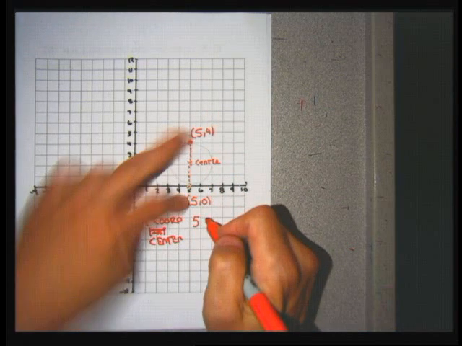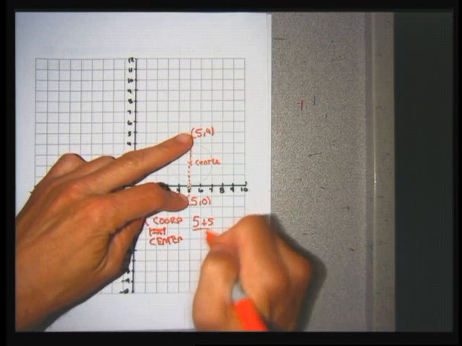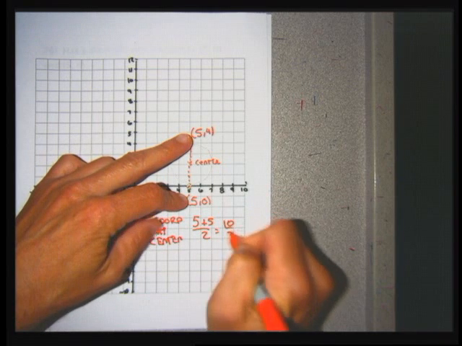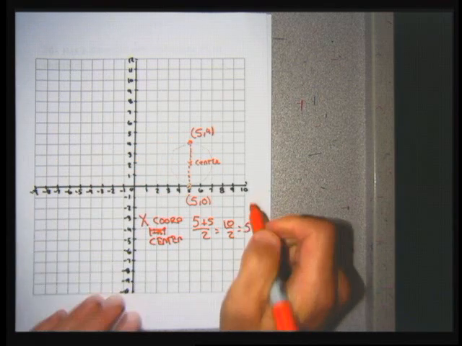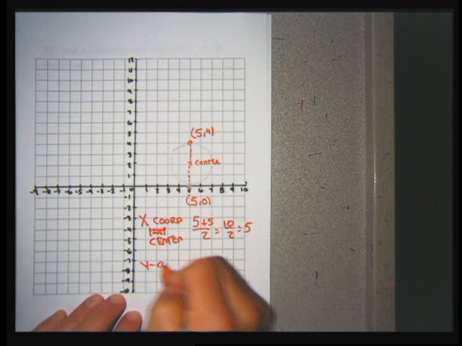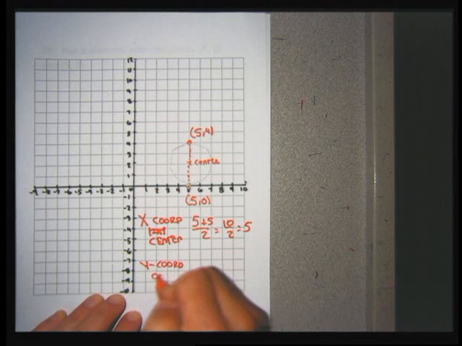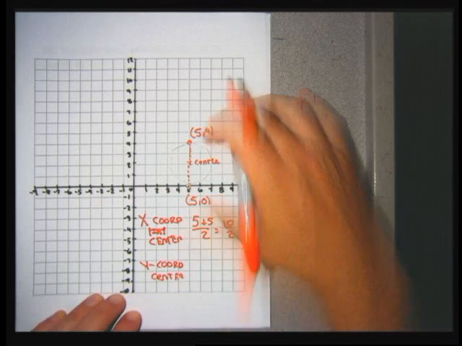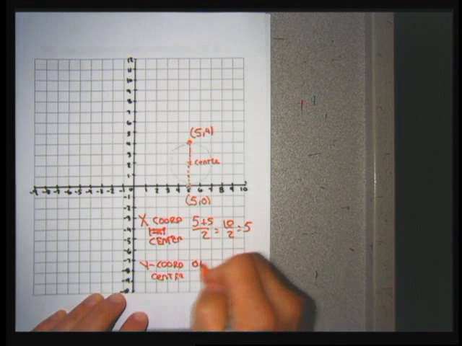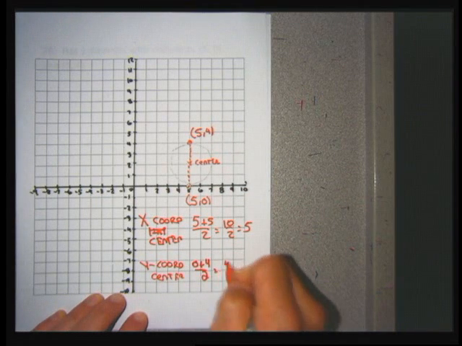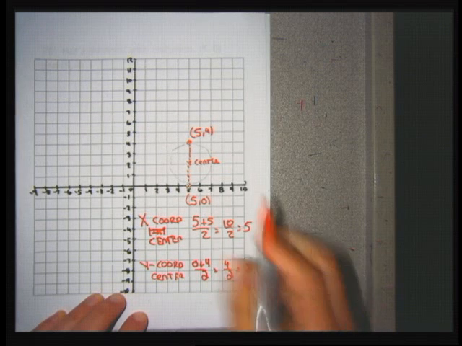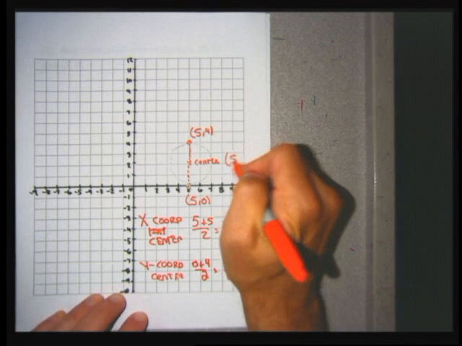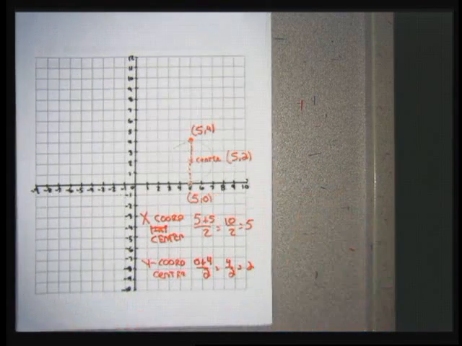So I have 5 plus 5 over 2, which is 10 over 2, which is 5. To get the y-coordinate of the center, I'm going to add up the y-coordinates of the points and divide by 2. That's 0 plus 4 over 2, which is 4 over 2, which is 2. So the center for this circle is the point 5,2.